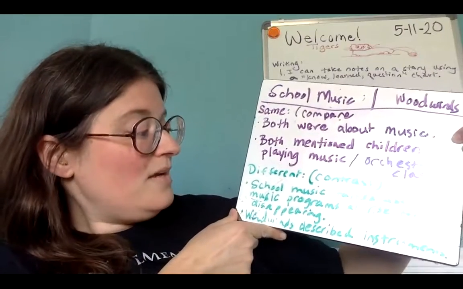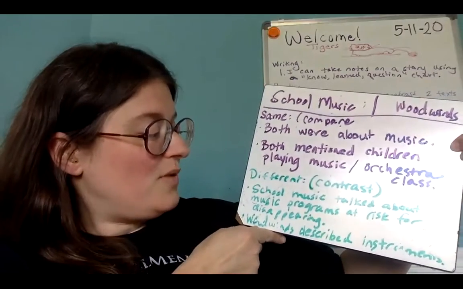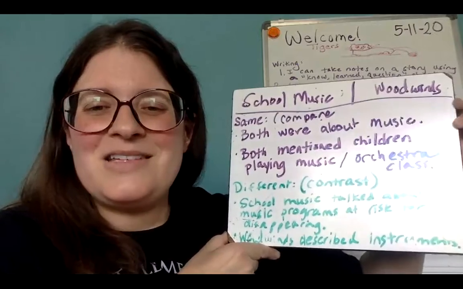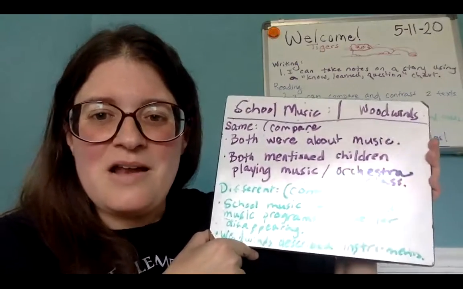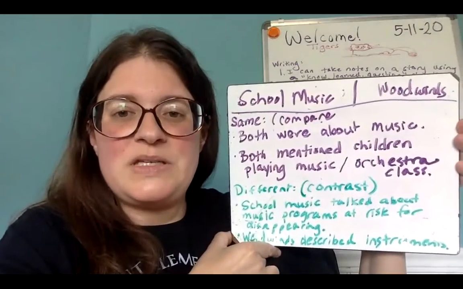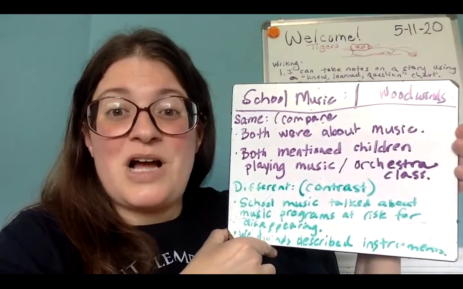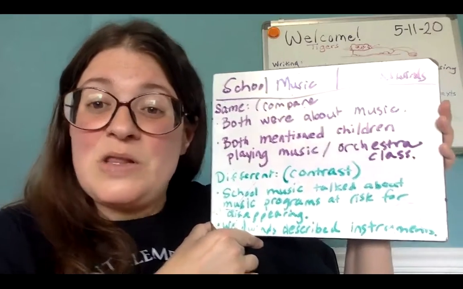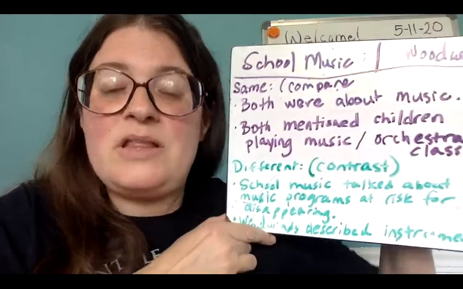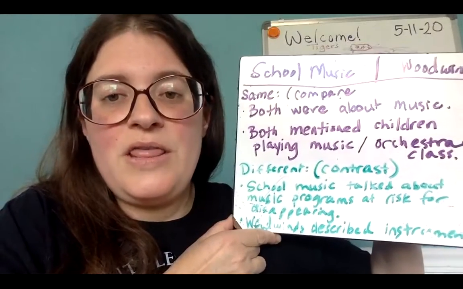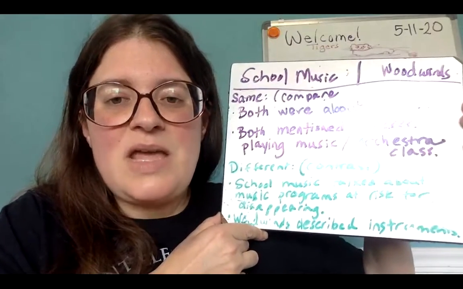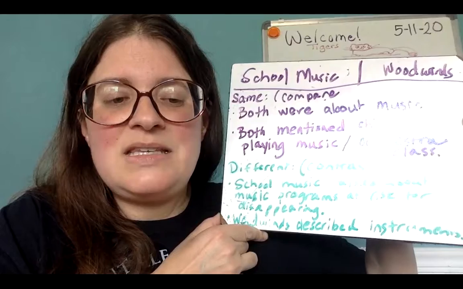And then woodwinds, that article described the instrument. So that article, the author's purpose seemed to be much more informational. So they were talking about what the instrument looked like, how to play it, what the materials were that went into making the woodwind instruments.